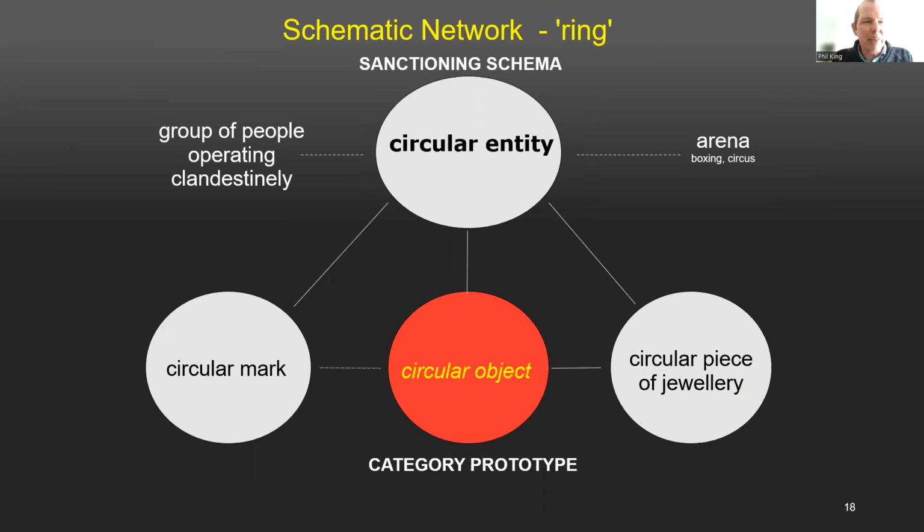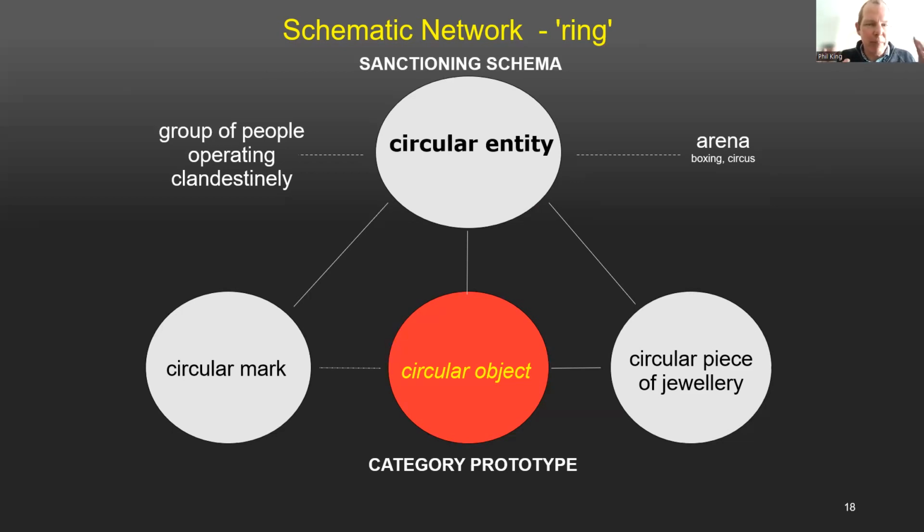And you can see how here we've got horizontal lines showing how we can extend from this prototype to other uses of a word. And sometimes those have dots to show there's actually a meaning extension to something slightly different. So from a circular object, we can extend to the idea of a circular mark, like the ring left by a coffee cup or that chalk ring on the previous page. This is an extension from our basic prototype.